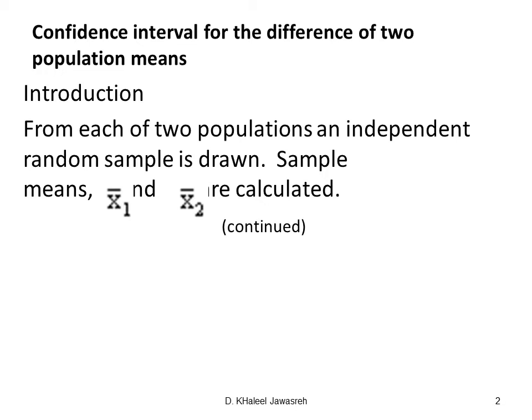The first sample mean we can abbreviate as x1 bar, and the second as x2 bar. And we can calculate that from the sample drawn from the large population. So we have known x1 bar and x2 bar. The means for the samples drawn from those two populations are known.